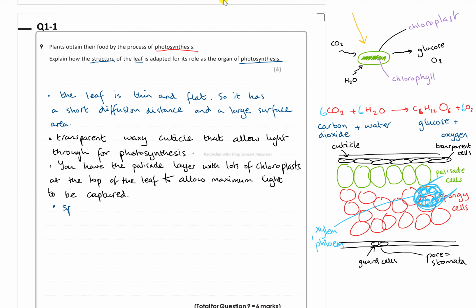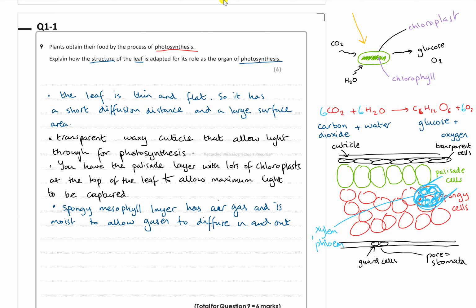Right, the spongy mesophyll layer then. So we're just working our way down. The spongy mesophyll layer or spongy mesophyll cells has air gaps and is moist to allow gases to diffuse in and out.